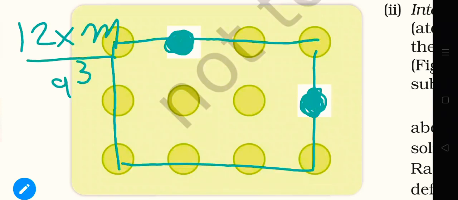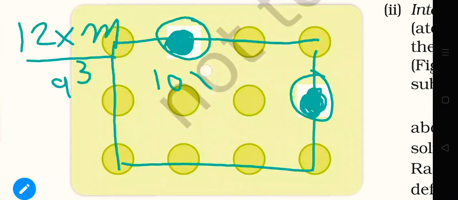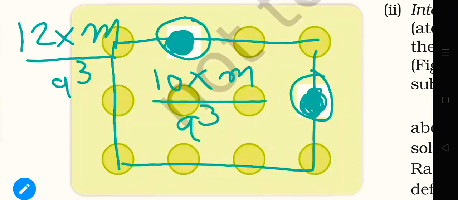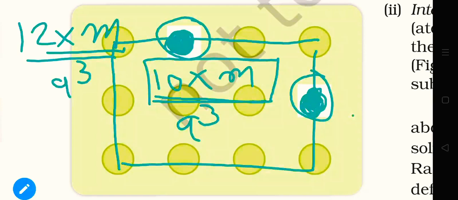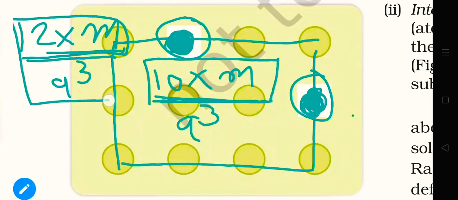But with the defect, these two locations will be empty. So the total number of particles will be 10, and the total mass is 10 into m divided by a cube. Volume is constant again. So this is the density with defect, and this is the density without defect.